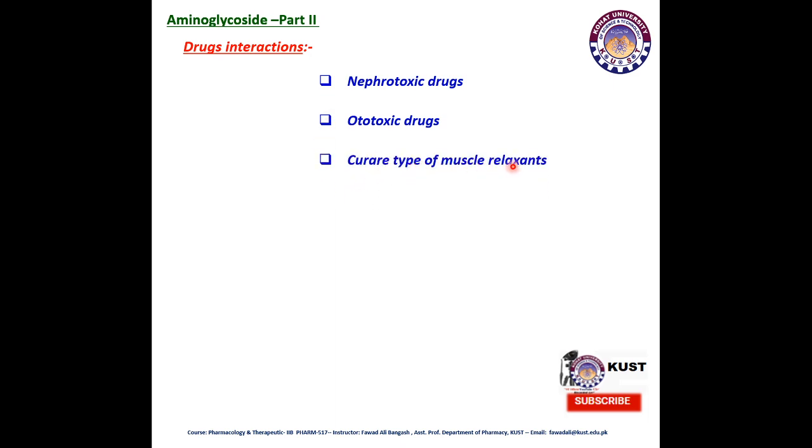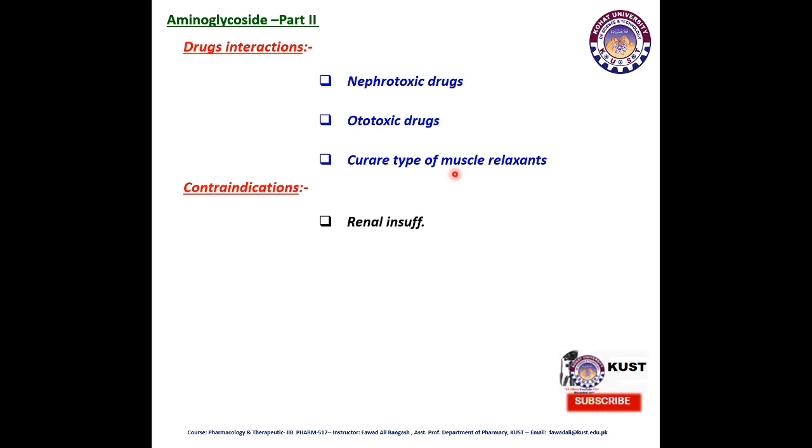Curare-type muscle relaxants, like parasympathetic drugs, are also muscle relaxants because they increase the amount of acetylcholine, especially in the neuromuscular junction.